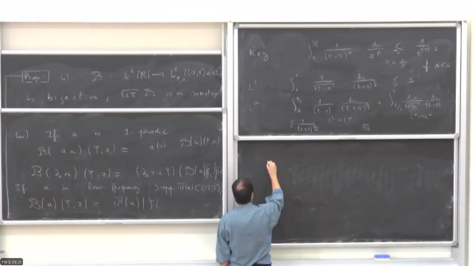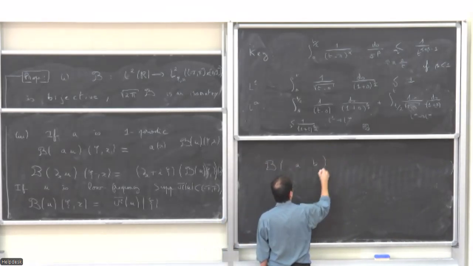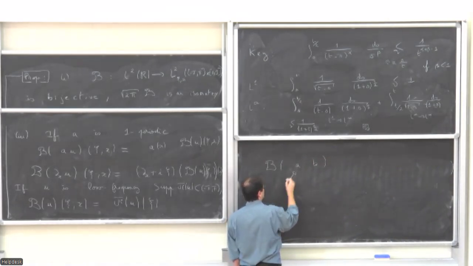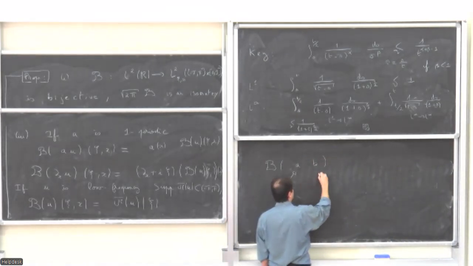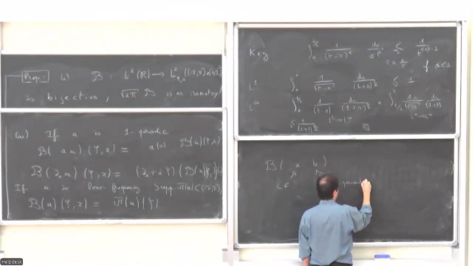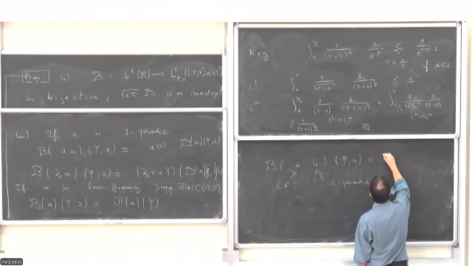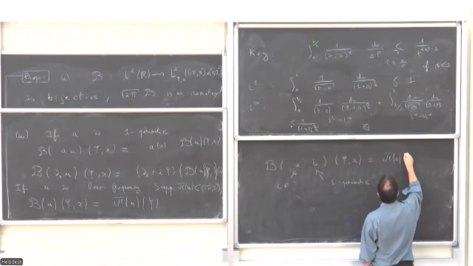I think that the consequence of it is that if you just apply the Bloch transform, you completely separate.